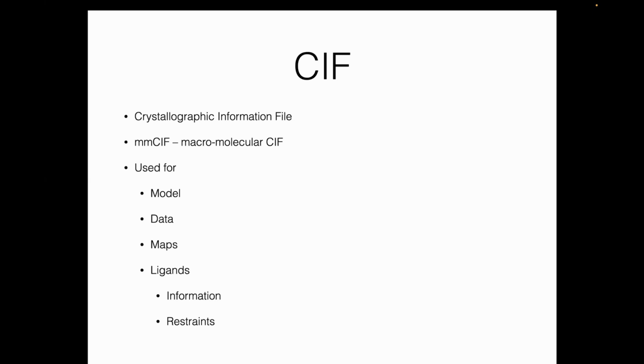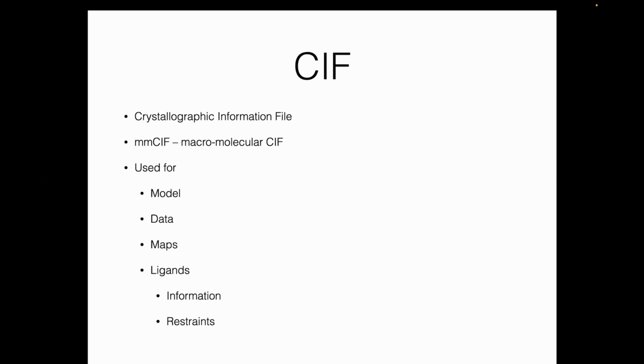One confusing thing about ligands is that there's an information CIF file that you download from the PDBe. So you can go there and it gives you all of the information about the ligand. Unfortunately, it's not restraints. You have to use Elbow, which is the program in Phenix for doing this sort of thing, to generate restraints.